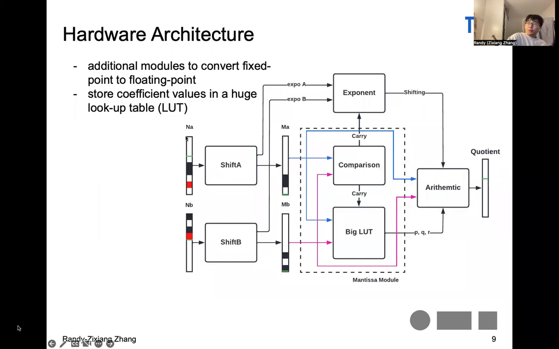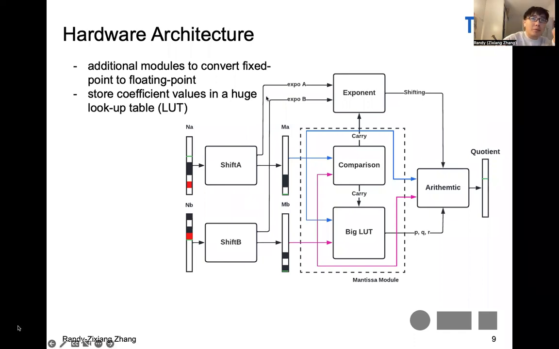This is the hardware architecture we're looking at. Notice that this curve fitting divider is based on floating points, so additional conversion units are needed. Here are the shift to A and shift to B, and they have to find the first significant bit and shift by it, so the remaining bits will be all mantissa.